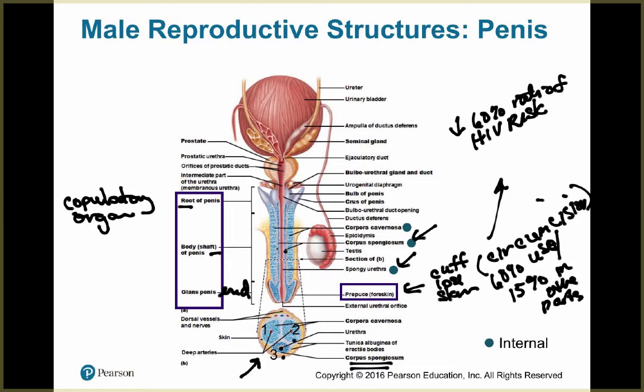And then right there in that 3rd circle, you can see that corpus spongiosum. And this is the part that essentially expands to form the glans and the bulb. And you can see that down here.